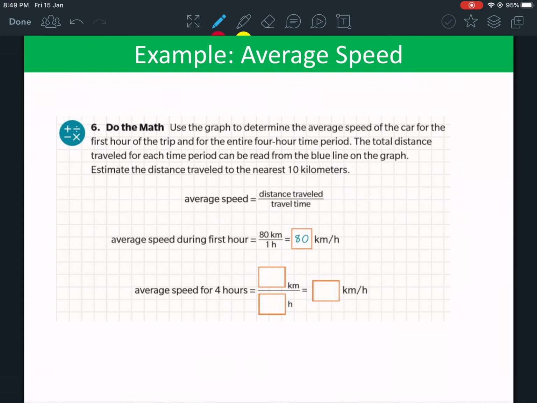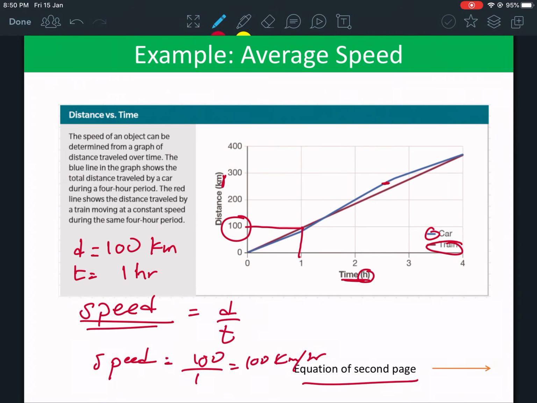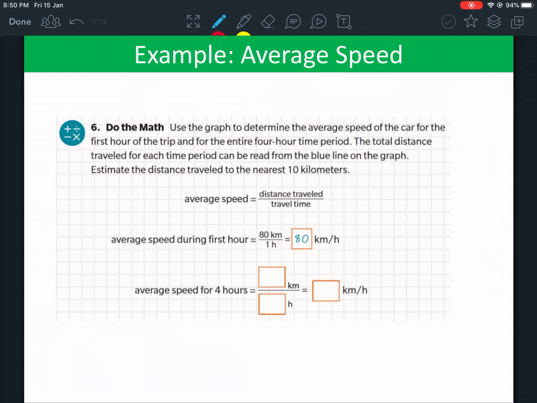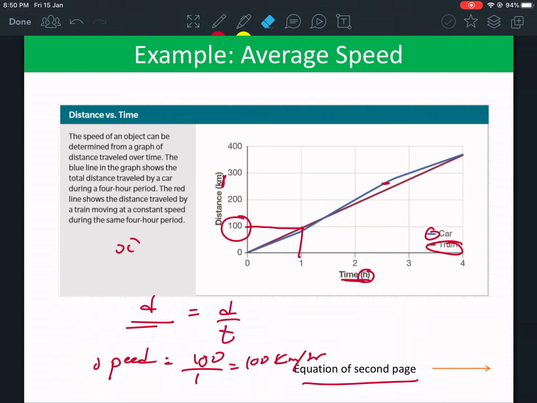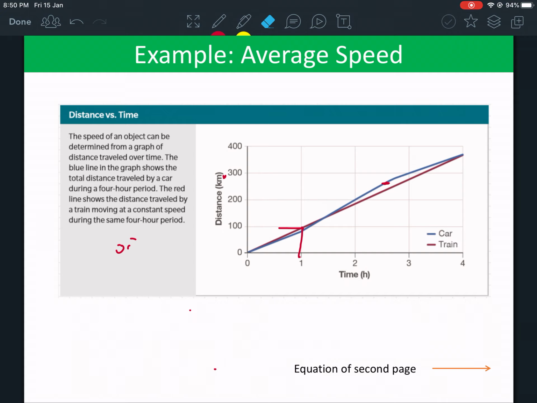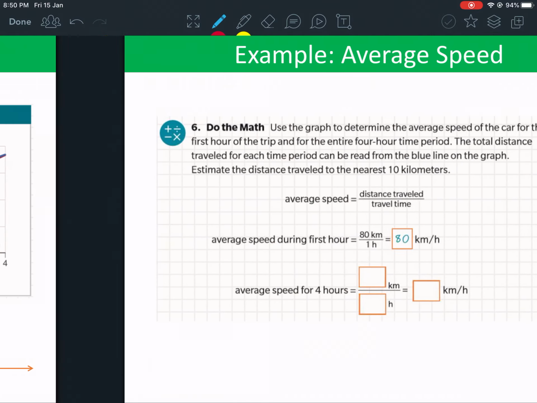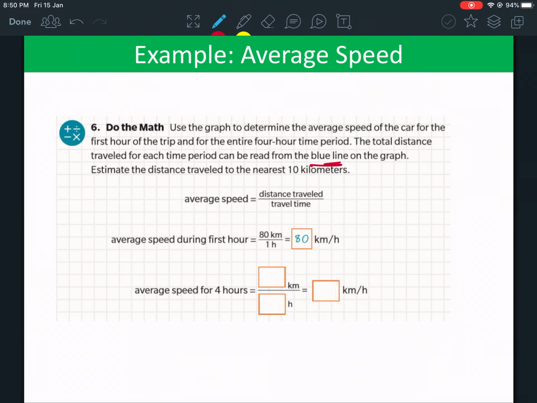Here the equation is on the second page. Here they ask you to use the graph to determine the average speed of a car for the first hour of the trip and for the entire 4-hour period. The total distance traveled in each time period can be read from the blue line on the graph to estimate the distance. The car is the blue line. They want to calculate the average speed in 1 hour of the car.